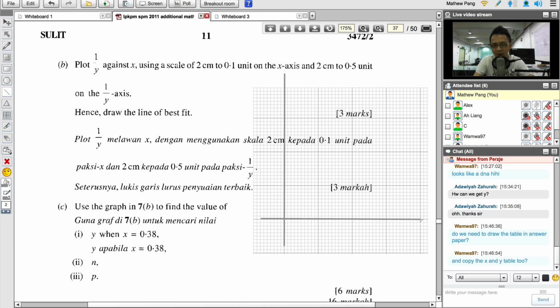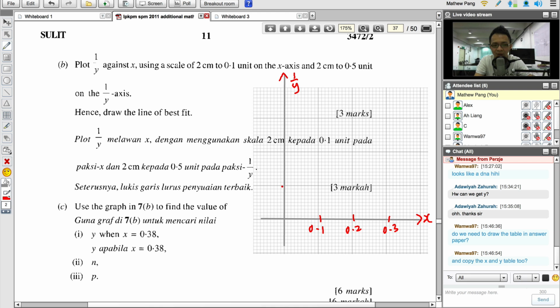I'm just demonstrating, I'm not going to draw everything for you because it's very hard for me. This is 1 over y and this is x. Over here is 2 cm for 0.1 unit. That means this is 2 cm. So this one will be 0.1, 0.2, 0.3, until the biggest value in your table. And then this is 2 cm for 0.5 unit in 1 over y.